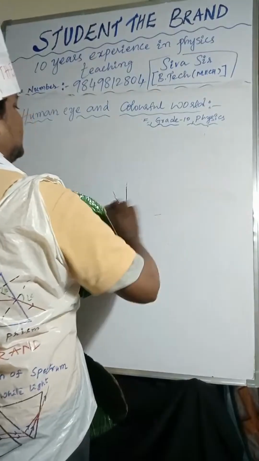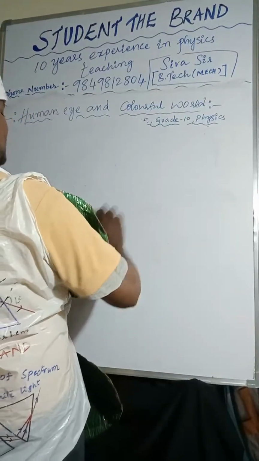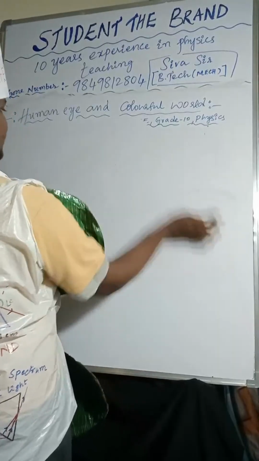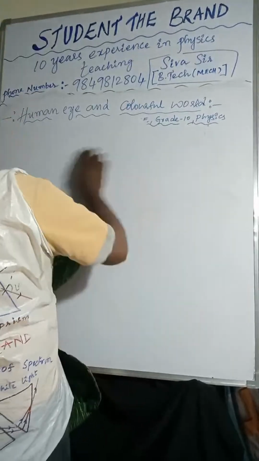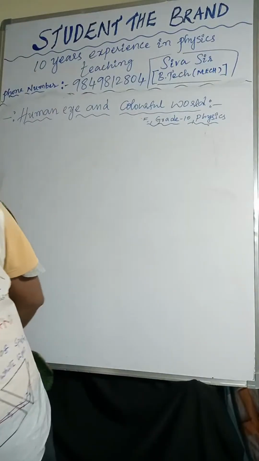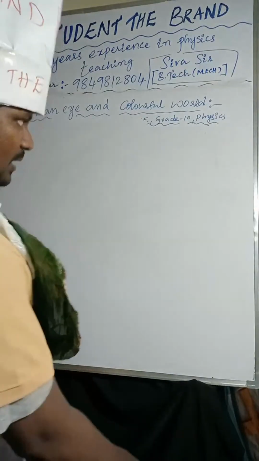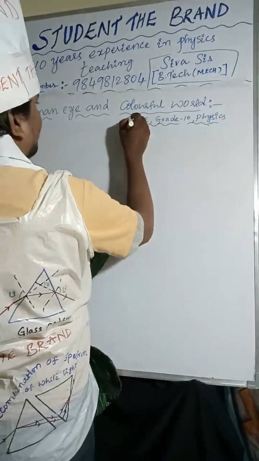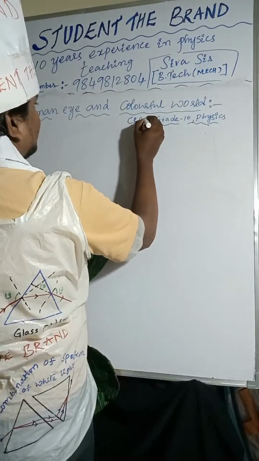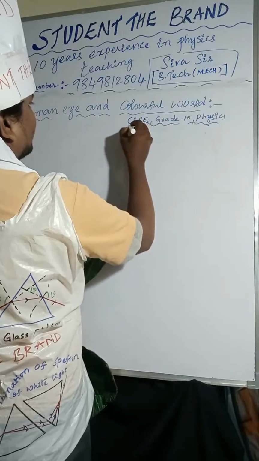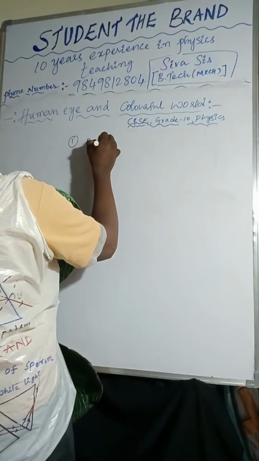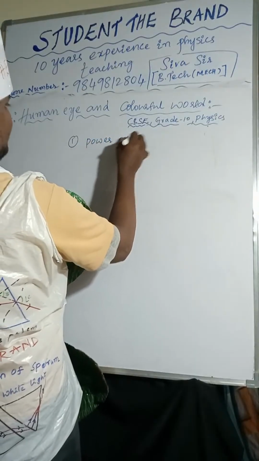Now we are going to discuss near point and far point. I'm taking CBSE Grade-10 physics here. First, power of accommodation.